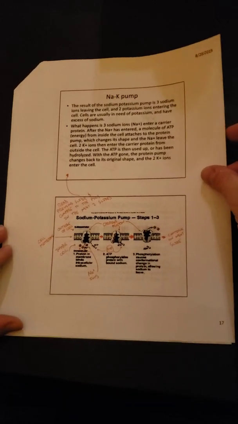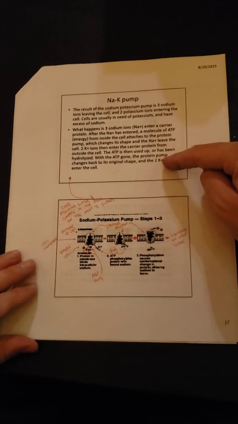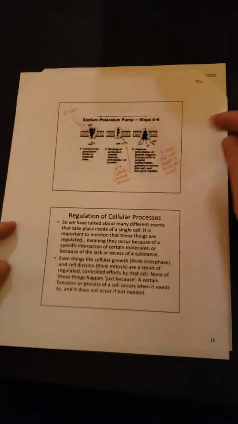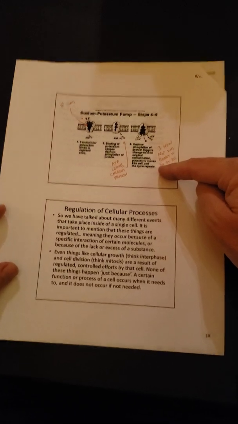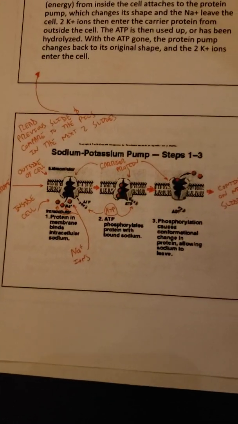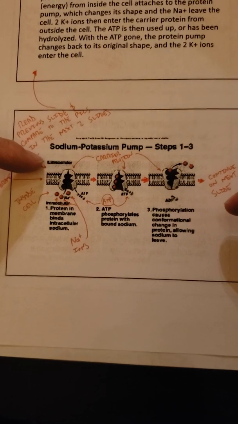And so then the sodium-potassium pump, if you read this paragraph and then apply what you read to this slide and this slide, I think that it should pretty well make sense. If we zoom in down here, it's hard to read on the paper, but it'll be visible on the slide.